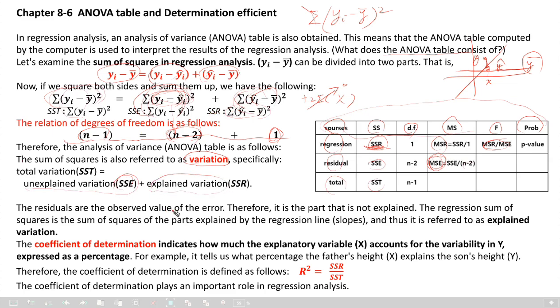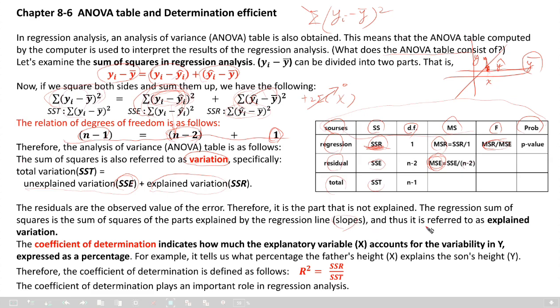Okay, terminology. The residuals are the observed values of error. Therefore, it is the part that is not explained. We cannot explain error, residual. The regression sum of squares is the sum of squares of the part explained by the regression line. What? Slope. I said this part is the slope.